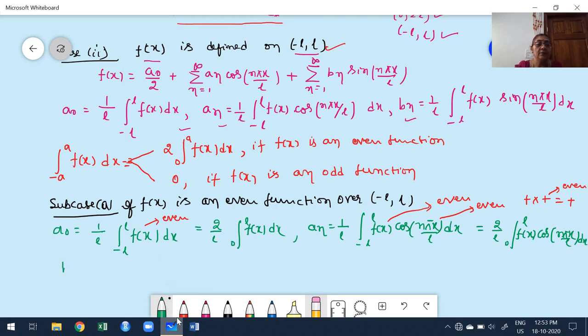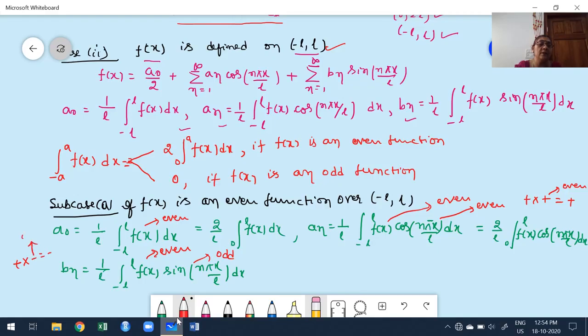Similarly, I have to verify what happens to Bn. The original form of Bn is 1 by L, integral from minus L to L of f of x into sine of n pi x by L with respect to x. But we already assumed this is an even function, and sine functions are odd functions. You know that plus into minus is minus, and minus is an odd function.